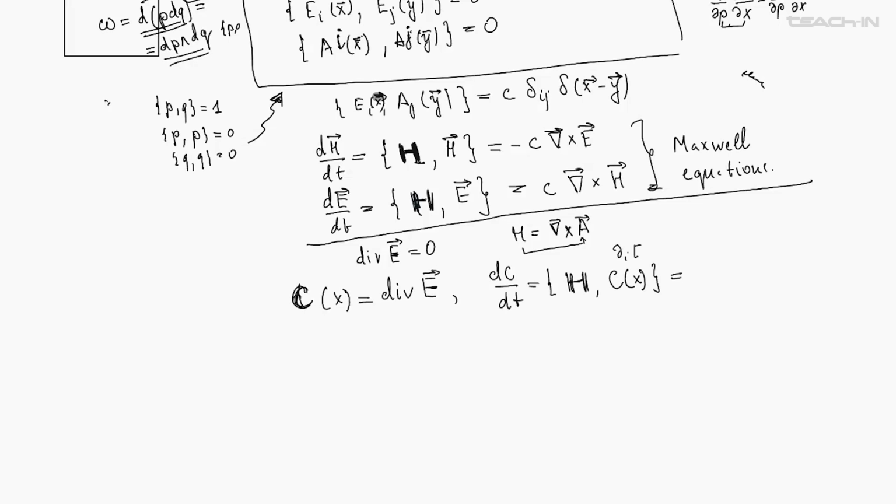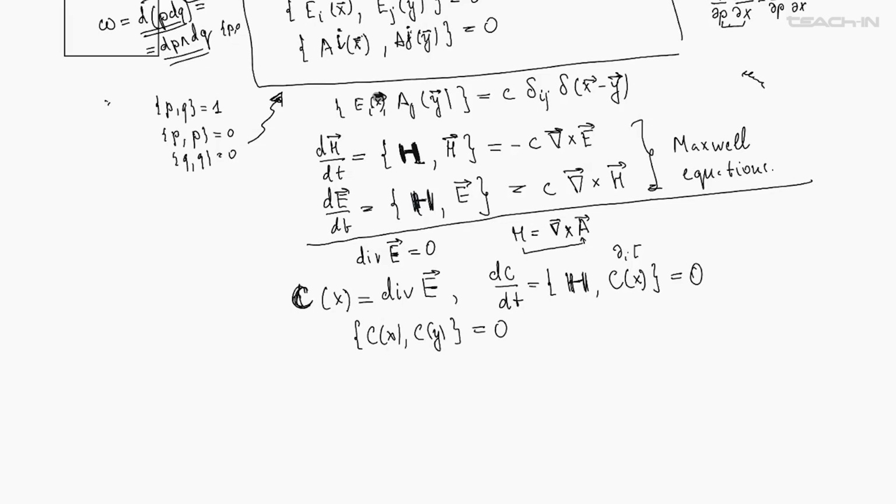What happened? Also, what you can see from this construction is that the Poisson bracket of C(x) with C(y), so constraints computed at different points, is actually equal to 0. And according to the Dirac terminology, this means that C(x) represents a constraint of the first class.